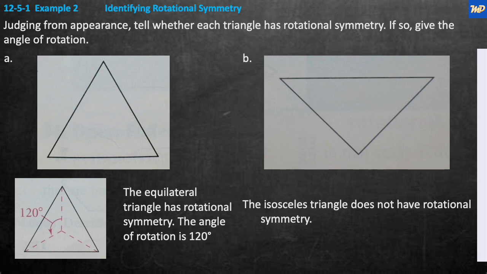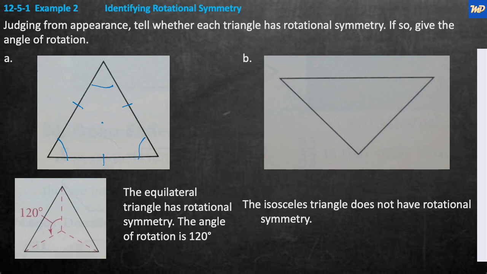Well, this is an equilateral triangle. That means all the sides are the same, right? Those are all congruent. And the angles also are congruent. They're all 60-degree angles. So how can I rotate this? I can rotate about the center right here.